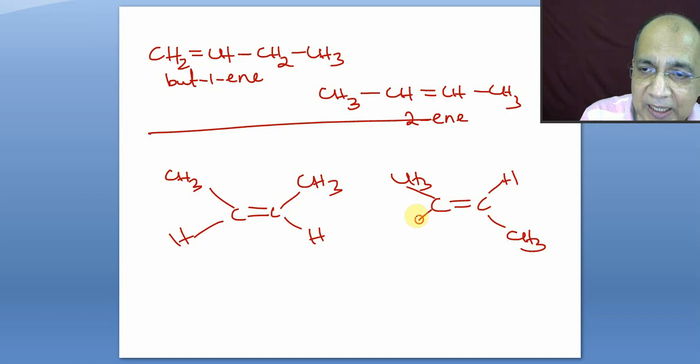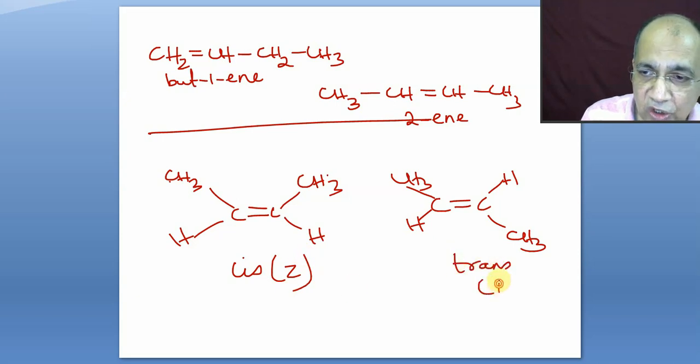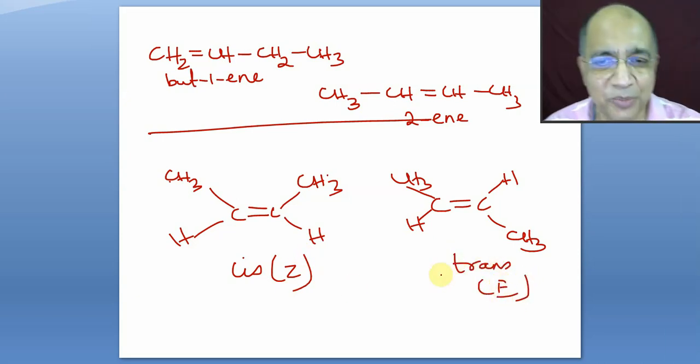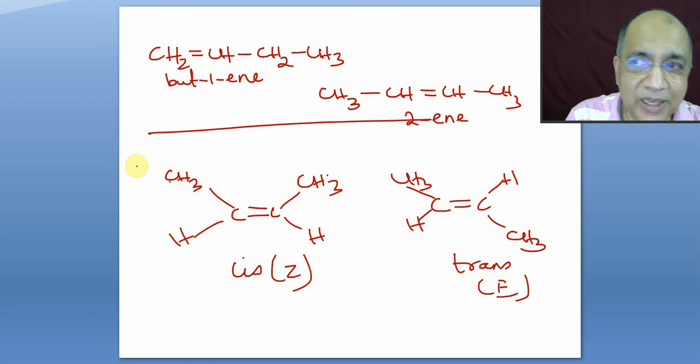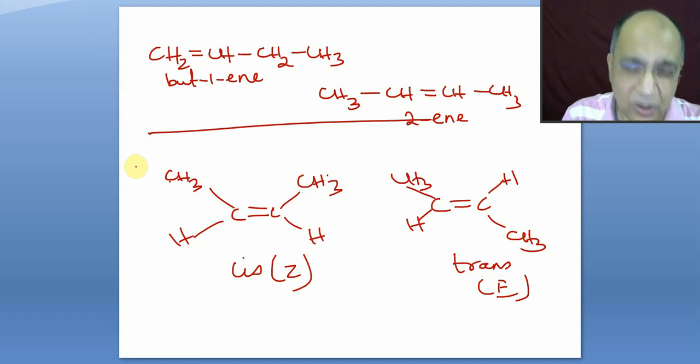This is close to each other, cis, we call it Z, and this is trans, or E. I'm not going to talk more about cis and trans, Z and E, but these are stereoisomers, and that too diastereoisomers, and you can call them geometrical isomers.